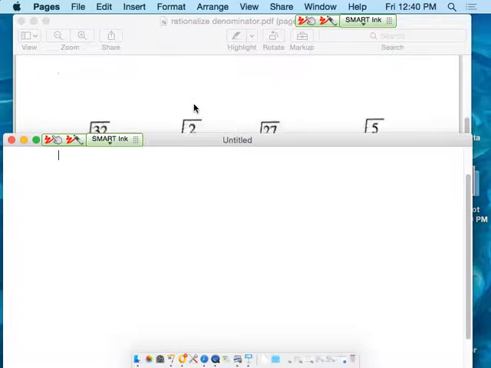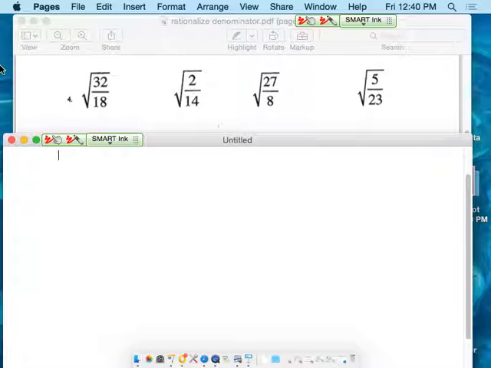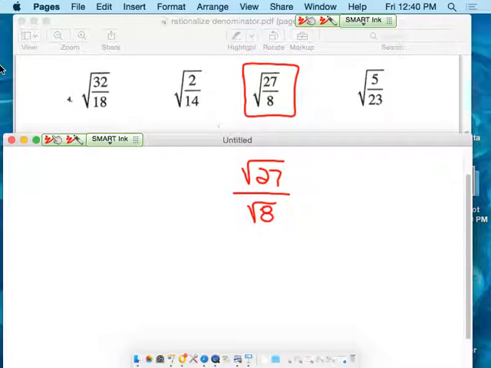Let's do this and then we'll stop here. Okay, so here I have radical 27 over radical 8. 8 has a perfect square factor, but I think I'm just going to do it like this.